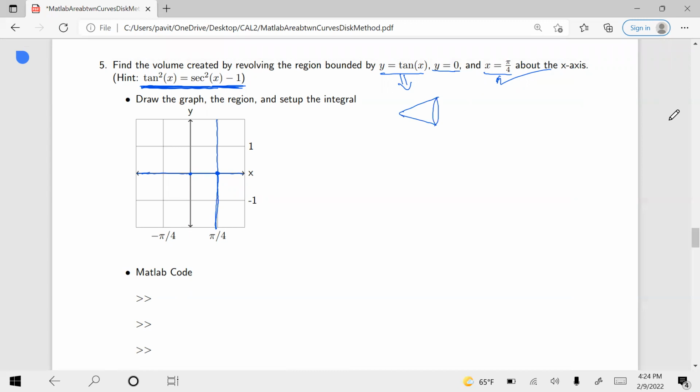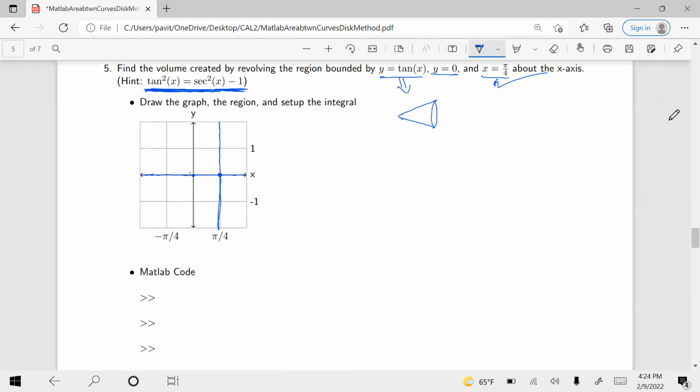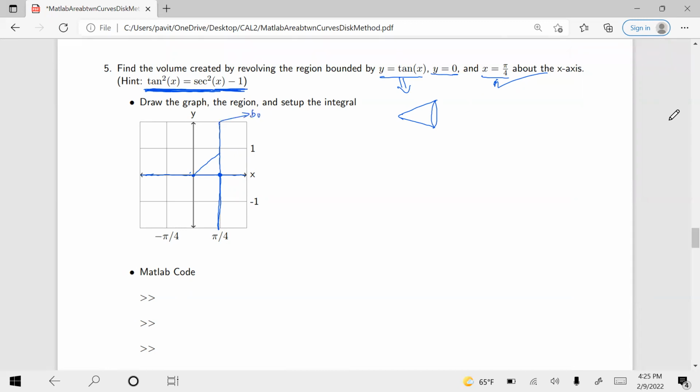You can check back in your lecture notes; I think this problem might be solved there. So this looks like a cone in a 2D plane. Let me draw that here very roughly. I'm not going to draw it beyond this line, because this acts like a boundary.